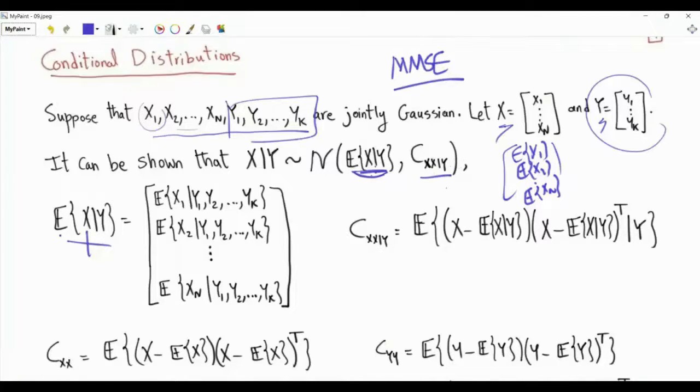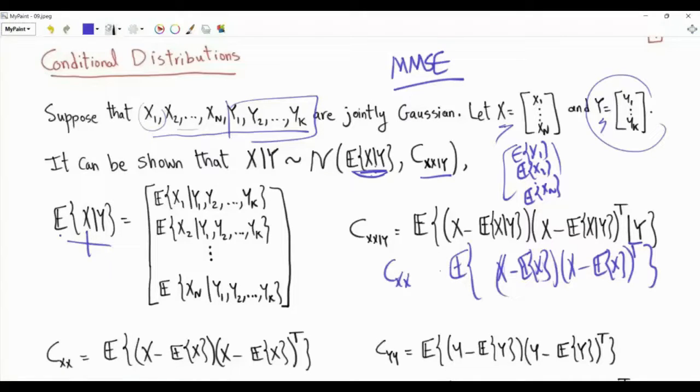Now, the conditional covariance matrix is defined in a similar way. So what is the covariance matrix itself? You take the expectation, take x, you subtract the mean vector, and then x minus the mean vector, and then transpose. So we have the outer product of this vector with itself, and this is the covariance matrix.